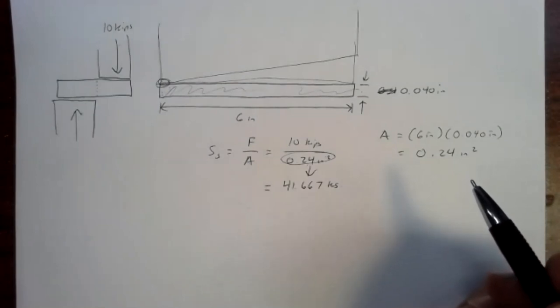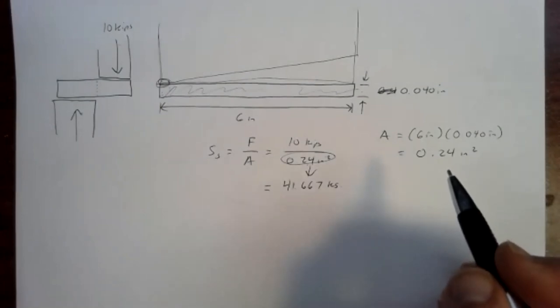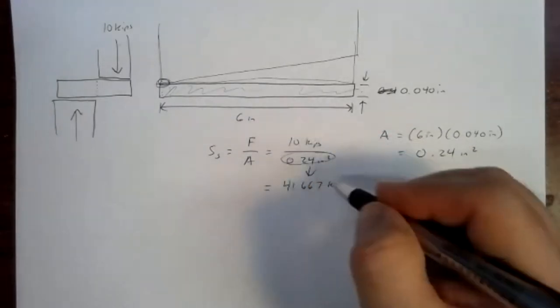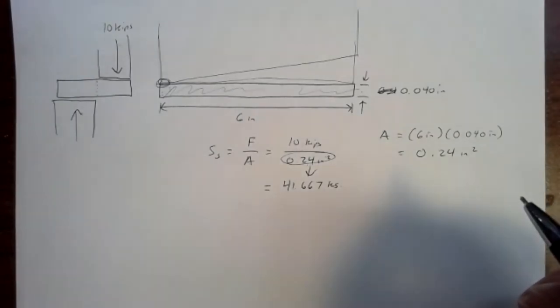So you get a fairly small area. Let's see here, I'm messing up on my calculator. 0.04 squared. Yeah, 0.0016. That drives the shear stress way up, 6,250 KSI.